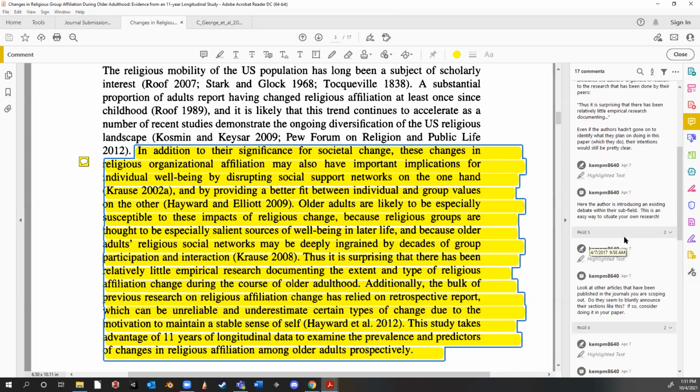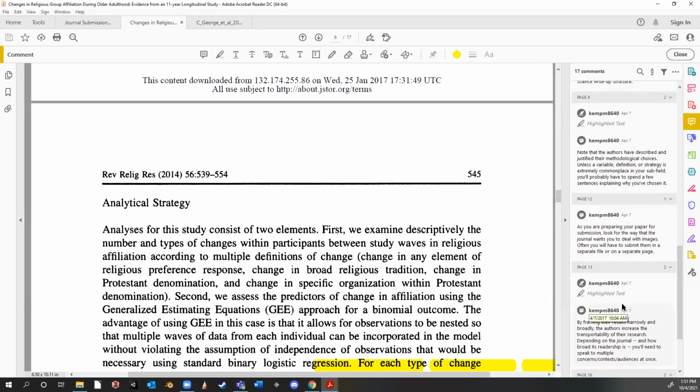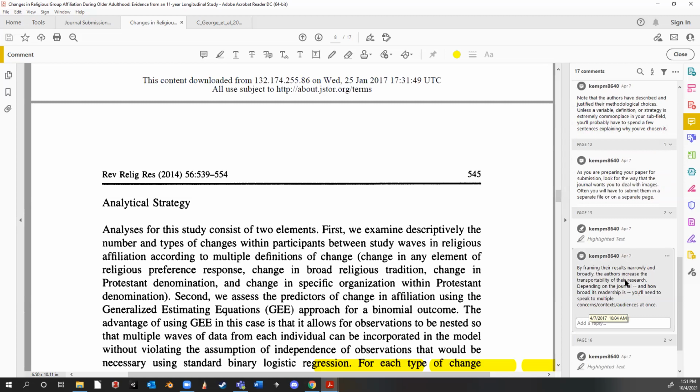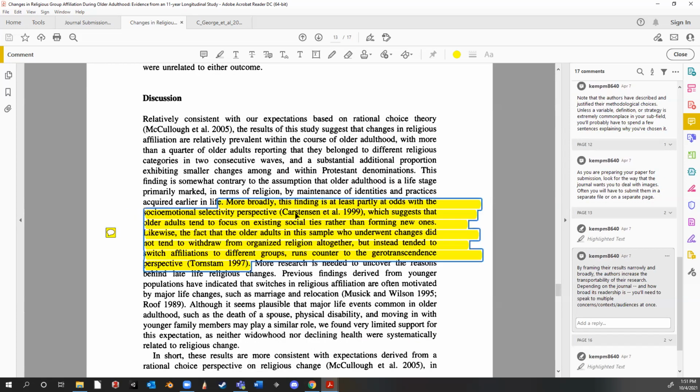So if we look near the end, now they're talking about the broader significance of their findings throughout, right? This finding is at odds with another perspective.